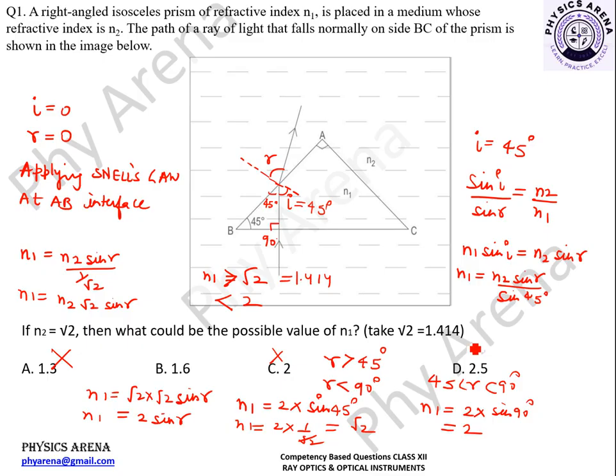So this value is not possible and this value is also not possible because it is greater than 2. n1 can never be equal to 2 as well because it would be 2 when r is 90. So the only possible value that is remaining is B, that is 1.6. So n1 can have a value that is greater than 1.4 and less than 2. Of the options given to us, B is the correct answer.